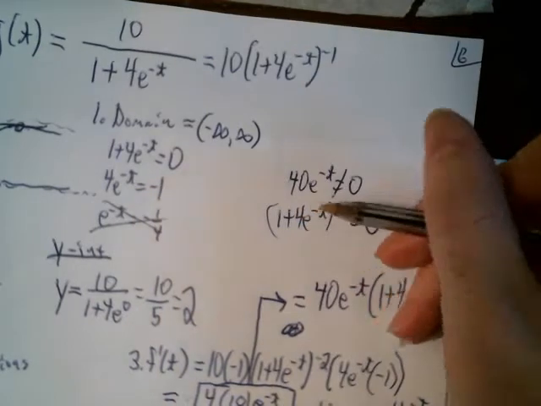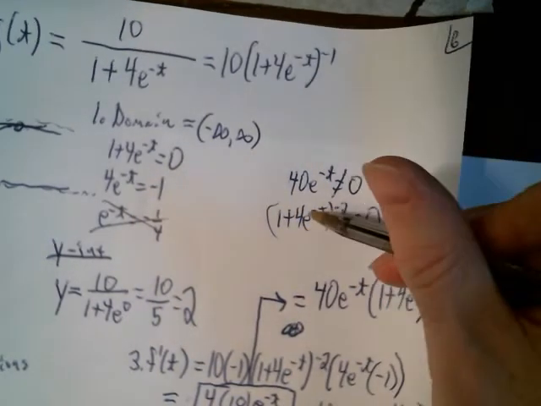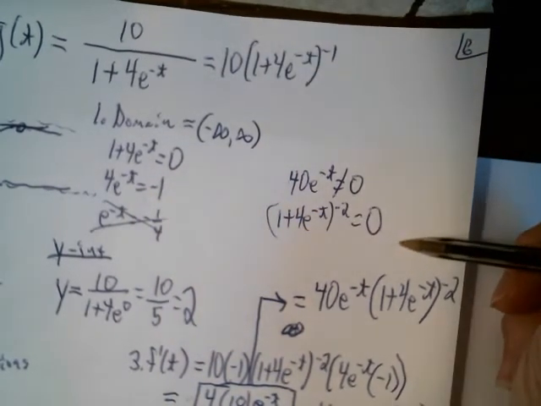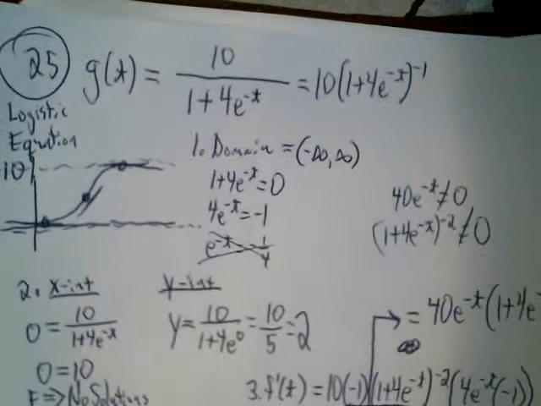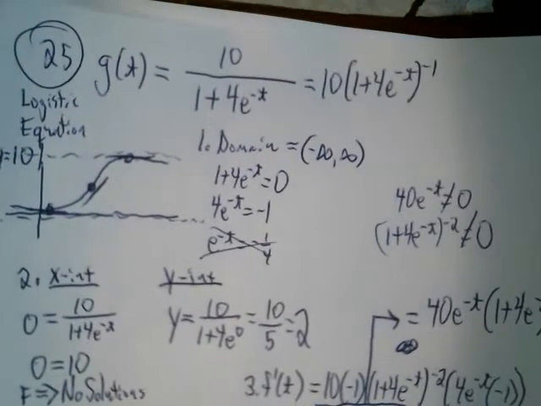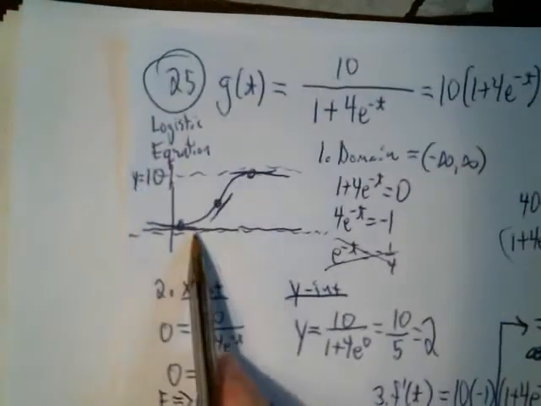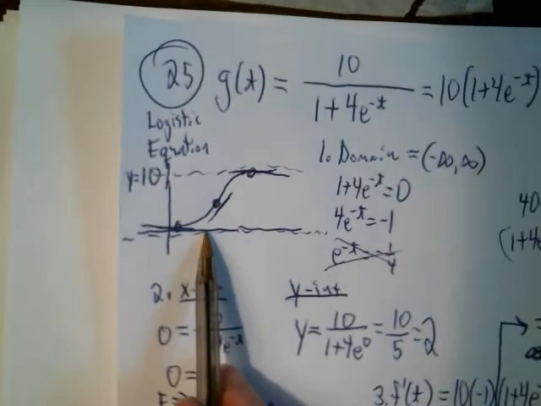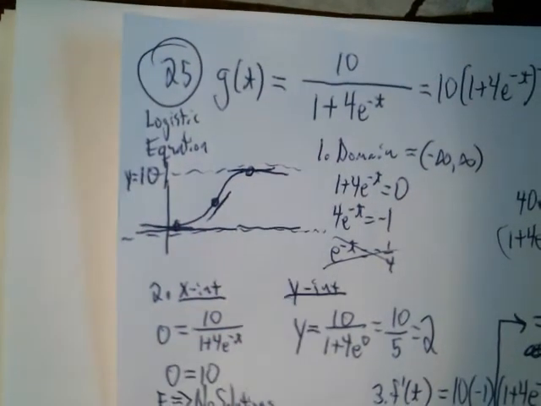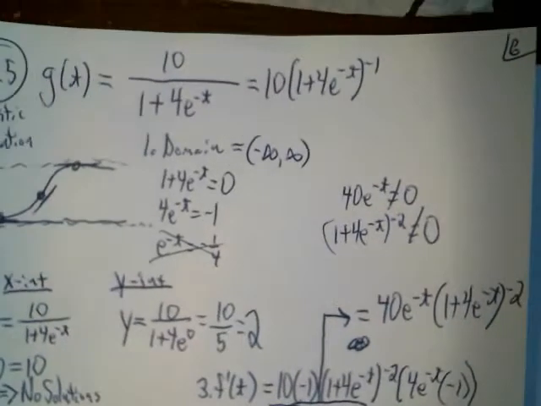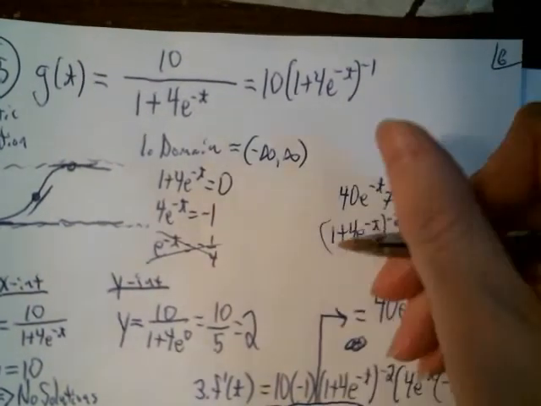It's actually 1 all over this, and you multiply both sides by the denominator, you'll get a false statement. So what is it saying? It's saying there's no critical numbers. There's no places where it's going from increasing to decreasing. And if you look at my original sketch, that's true. It's always increasing on its domain. So we don't have any critical numbers.